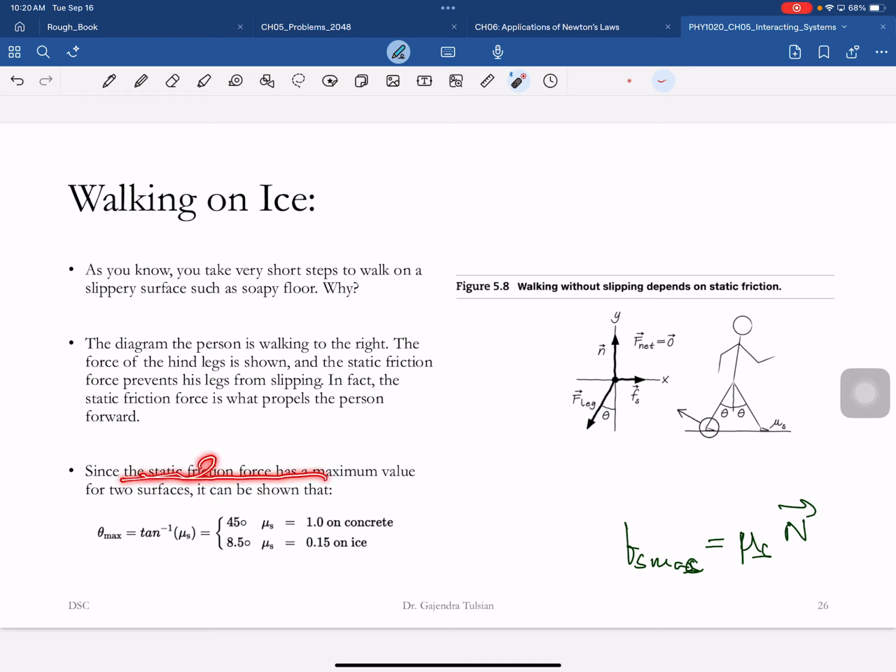Since the static friction force has a maximum value for two surfaces, it can be shown on concrete, with normal rubber boots, you can walk such that your foot angle, this angle, is 45 degrees. And on icy surfaces where the static friction force is that small, you can only walk with an 8.5 degree angle. So that gives you small steps, okay?